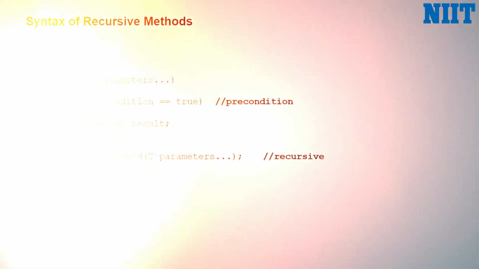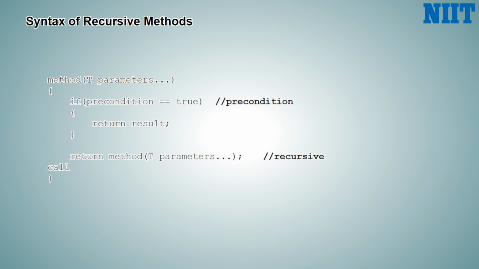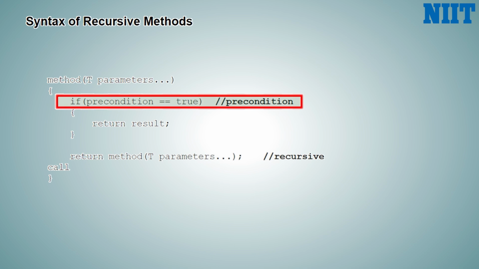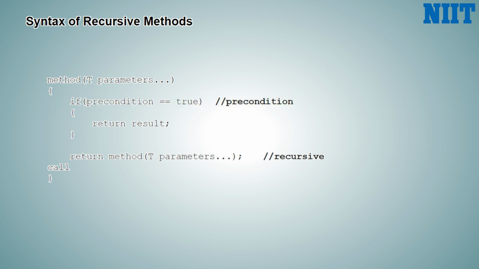Here you can see the syntax of the recursive methods. A recursion-based method must have two basic components to solve a problem correctly. The first one is the recursive method call and the second one is the precondition which breaks the recursion. If the base case is not reached or not defined, then a stack overflow problem might arise.